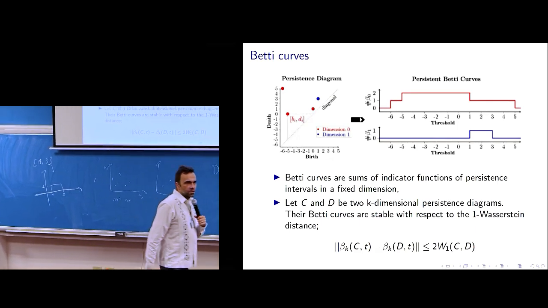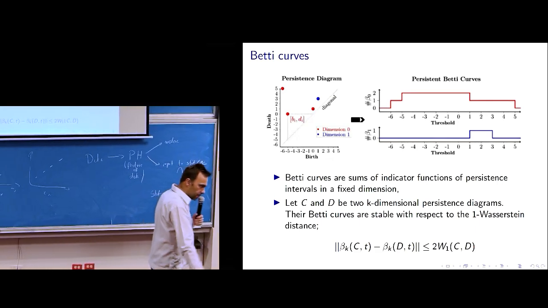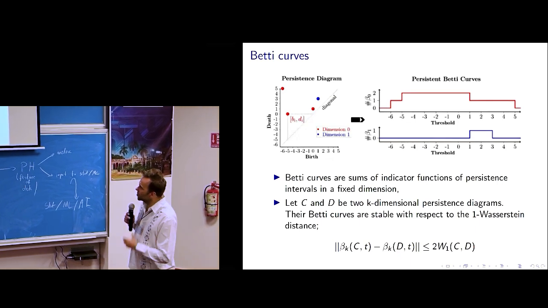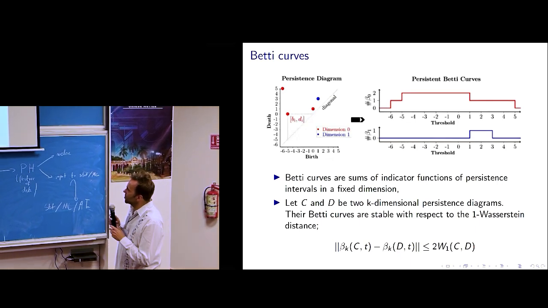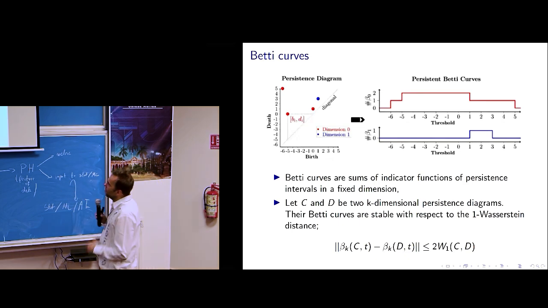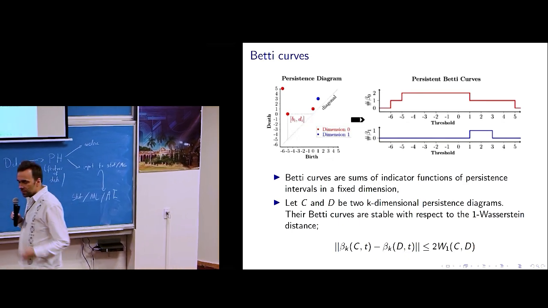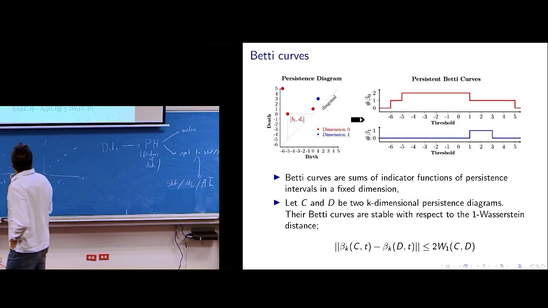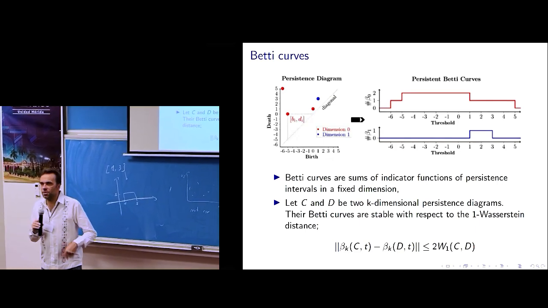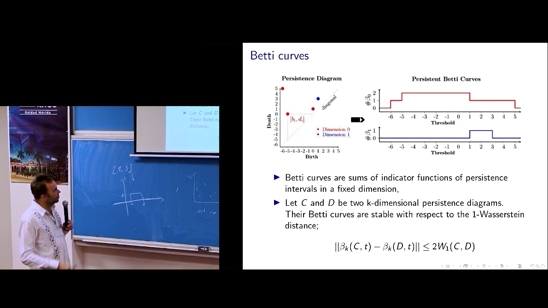So you're taking a persistence diagram and it gives you a function. For a long time, people believed that this is not a stable representation, but we were actually able to prove that there is stability with respect to a Wasserstein distance, in this case the 1-Wasserstein distance. So that's a nice stable representation. You can see it on your data, and they won't change too much.